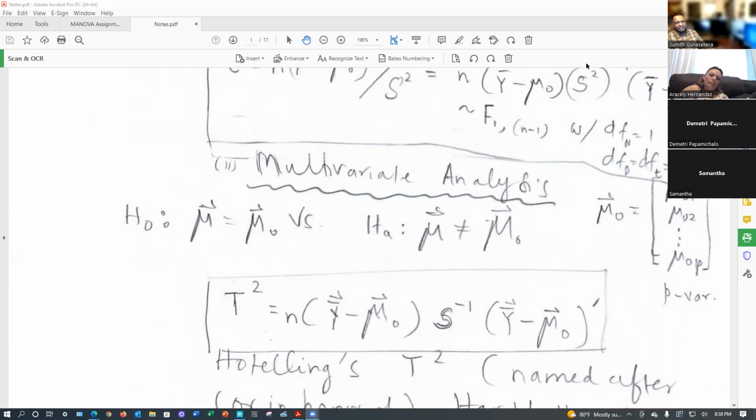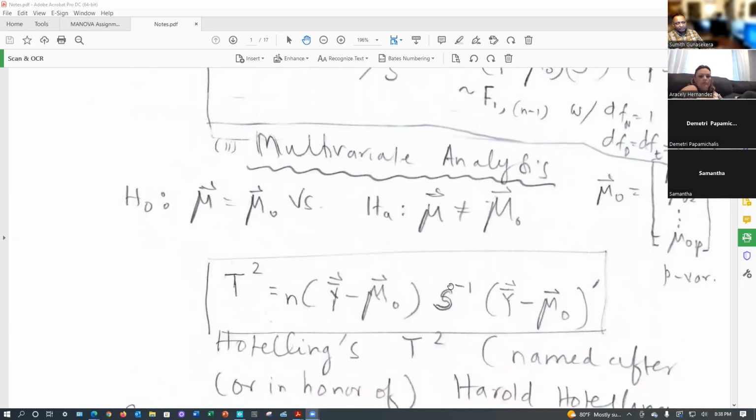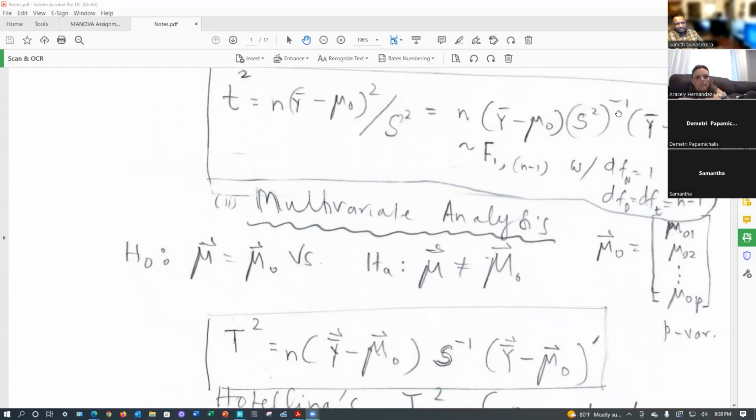S squared is for the variance. But in multivariate, we normally call this whole thing the variance, a variance matrix. I'm going to write the matrices in this fancy way, with a negative one, so that means it has been raised to the power of inverse.